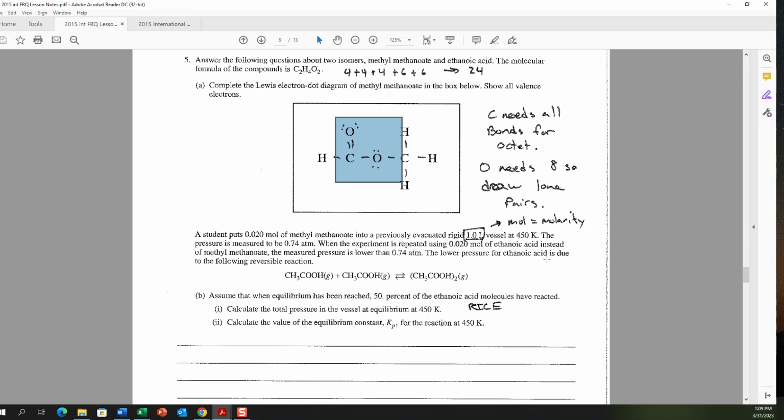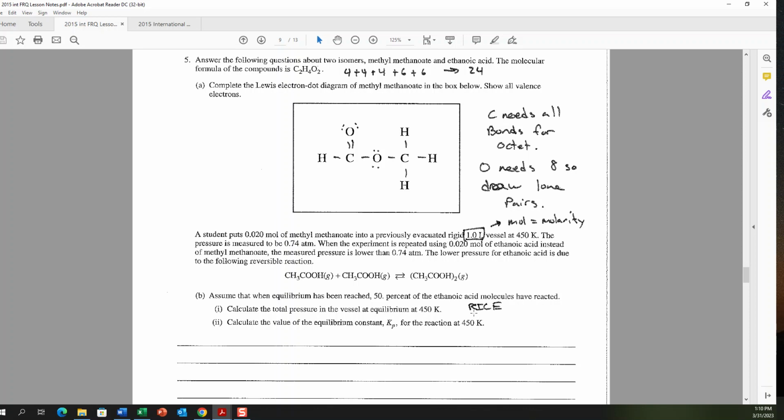The lower pressure of the ethanoic acid is due to this reaction. So it's 2 gas particles becoming 1 gas particle, so the pressure goes down. Assume that the equilibrium has been reached when 50% of the ethanoic acid molecules have reacted. Calculate the total pressure in the vessel at equilibrium at 450 Kelvin.